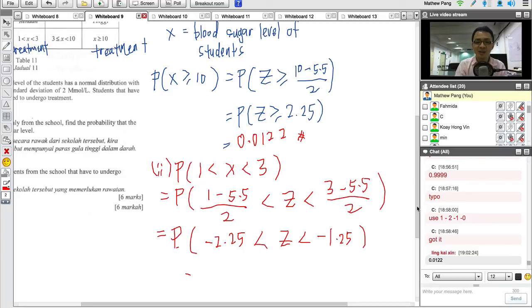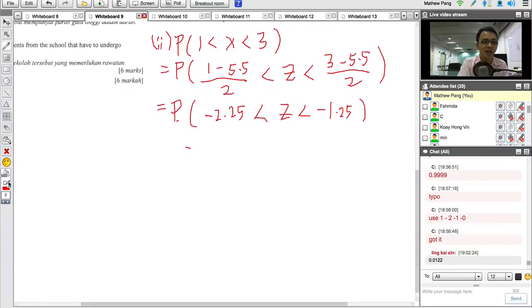Before I start, I will always sketch out the bell-shaped diagram. In this case, everything is negative, and this is 0. So I roughly sketch: this is negative 1.25, and this is negative 2.25.